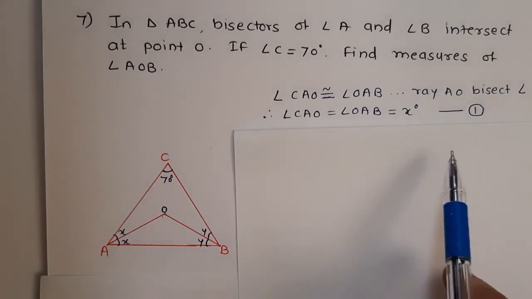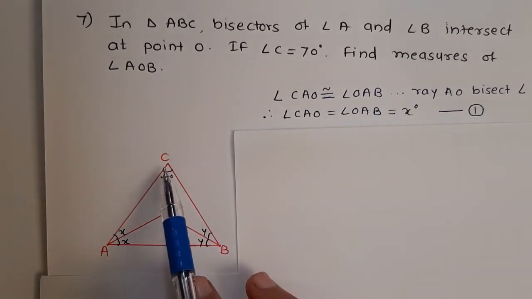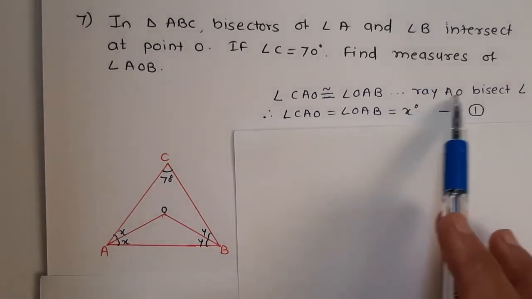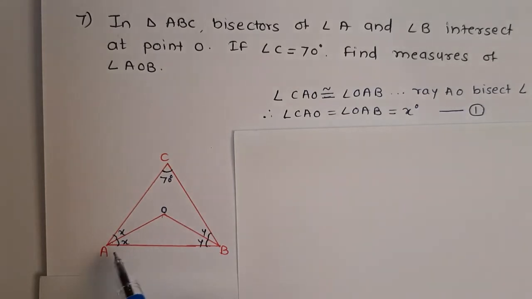Now here angle CAO is congruent to angle OAB, because ray AO bisects the angle CAB. That means angle CAO equals angle OAB, and for that we give x.